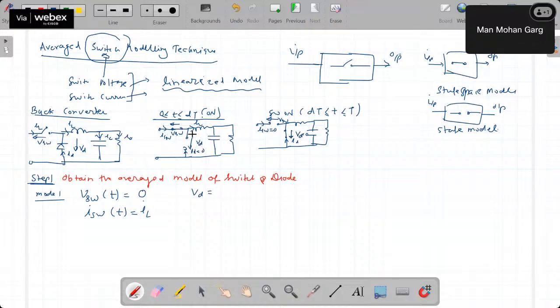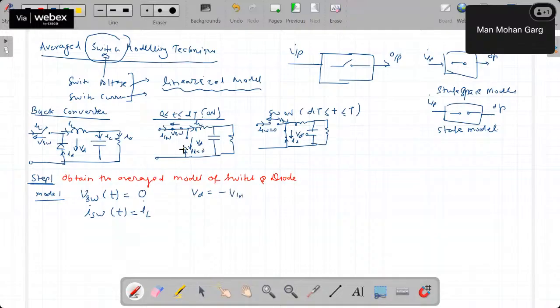The diode voltage VD will be minus V in.